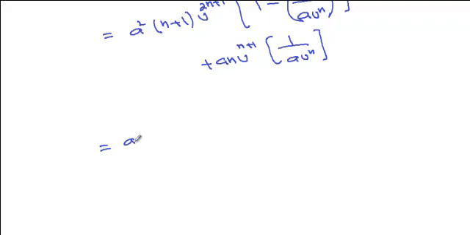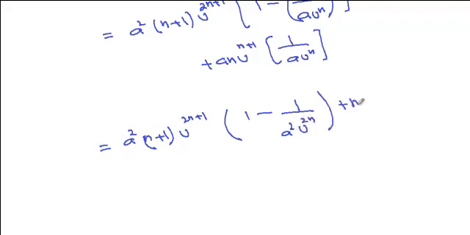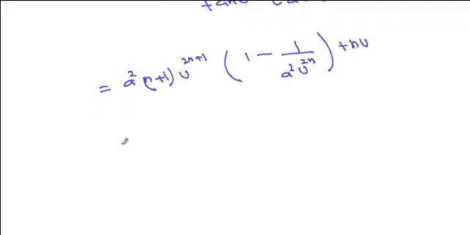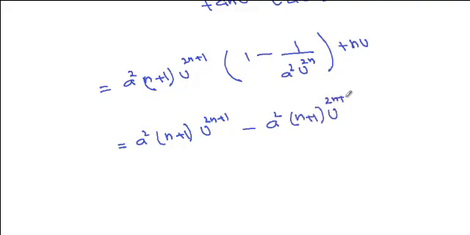We can write this as A²(n+1) u^(2n+1) (1 − 1/(A² u^(2n))) plus n u, which by simplification again we can write this as u^(2n+1), multiplying inside the parentheses.